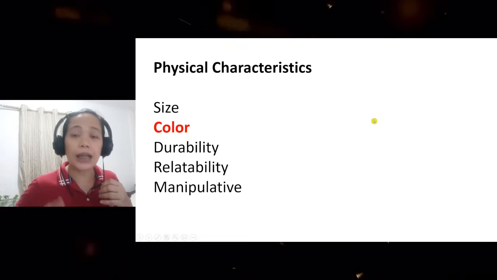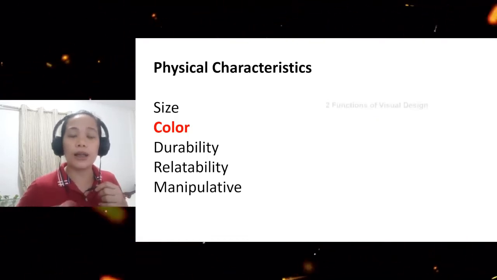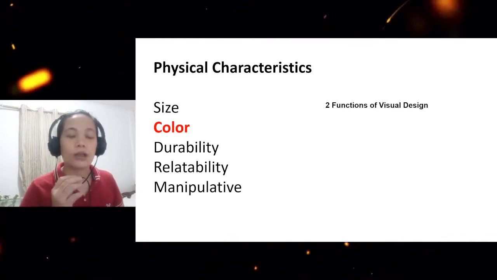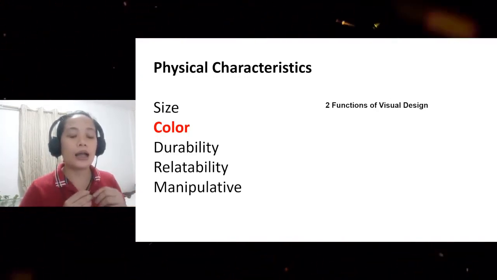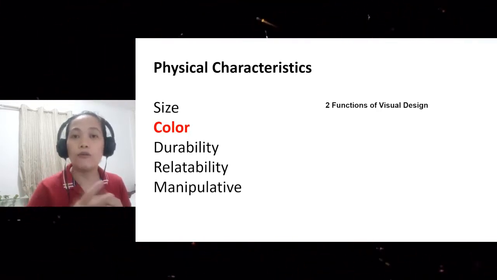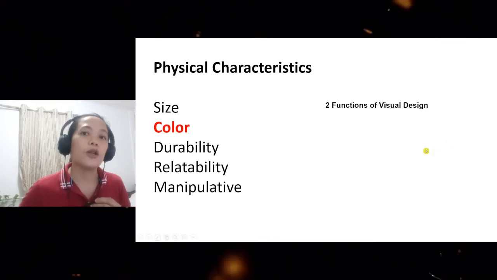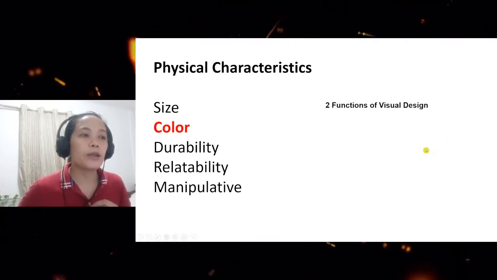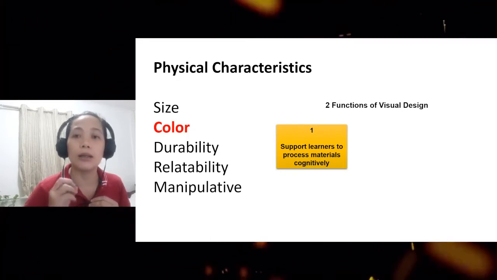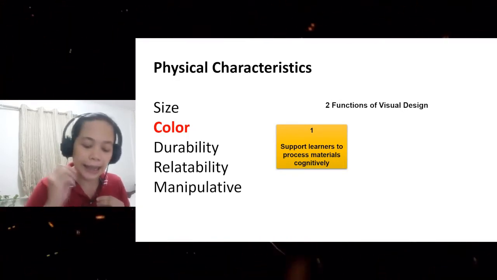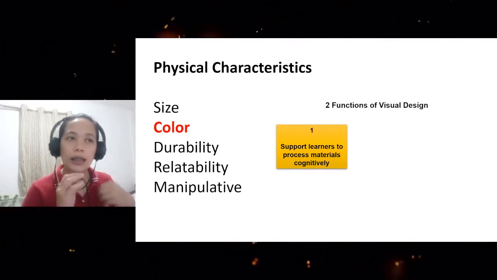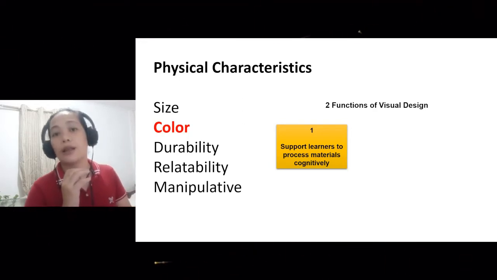In creating instructional materials or identifying technology tools, we actually see two functions in visual design. First, color in visual design supports the learners to process materials cognitively. They easily understand what it is about because they are able to relate themselves.